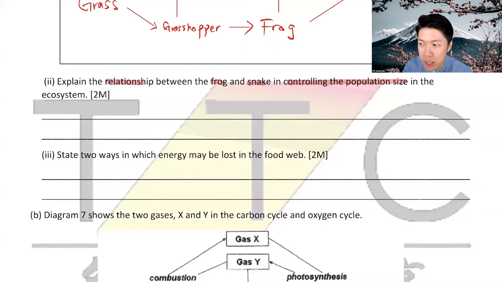So that means if snake increases, frog will decrease. Okay, so I'm going to show you how. This is how I'm going to write population. If the number of snake increases, the number of frog will decrease. This is the relationship of the two of them. So we want to specify on frog and snake only.